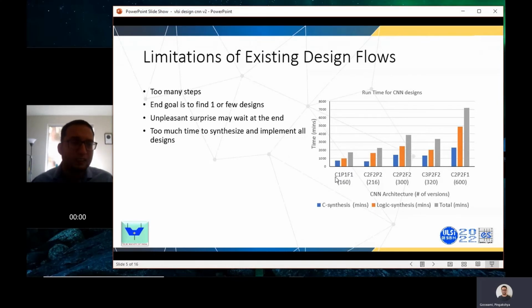For a simple architecture containing one convolution layer, one pooling layer, and one fully connected layer, it takes up to 1800 minutes to generate 160 designs for design space exploration. For larger designs consisting of two convolution layers, two pooling layers, and one fully connected layer, with 600 designs in the space, it may take up to 7000 minutes, which is very high. But the end goal is to generate only one design.